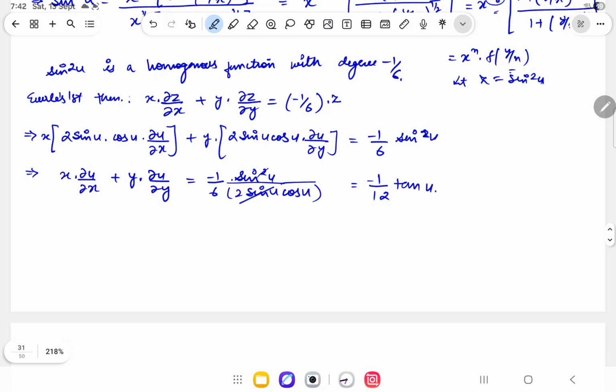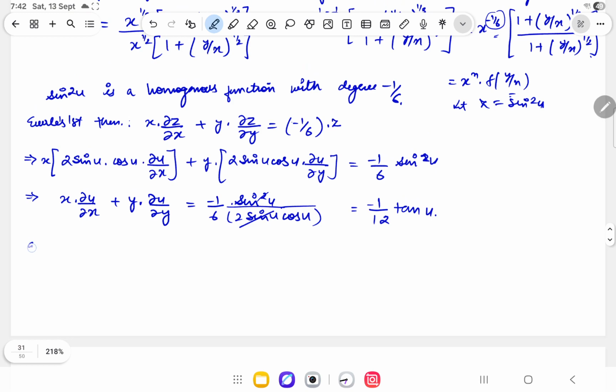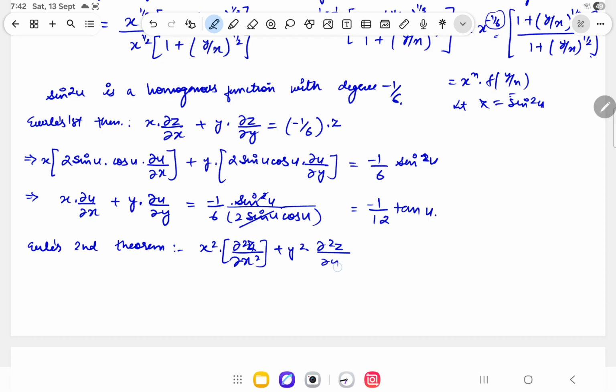Likewise, if we use Euler's second theorem, that states that x² into del²z by del x² plus y² into del²z by del y² plus 2xy into del²z by del x del y is equal to n into n minus 1 into z.